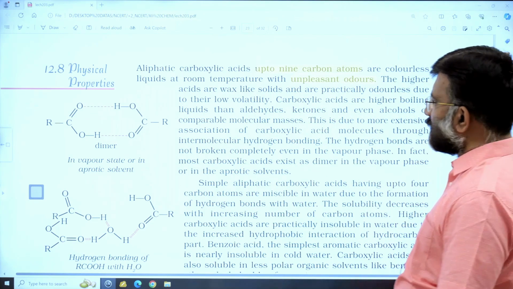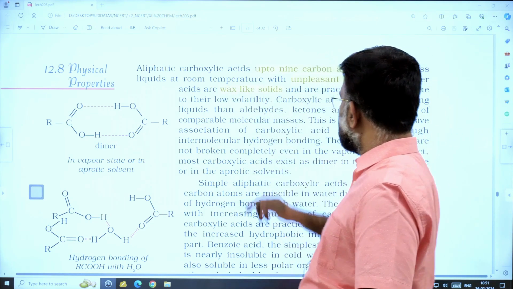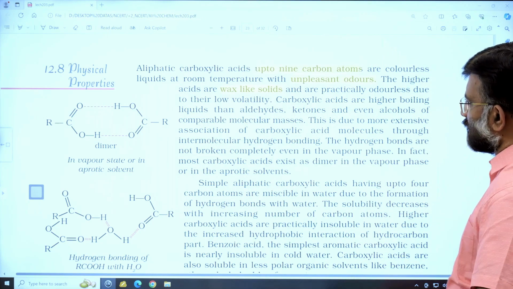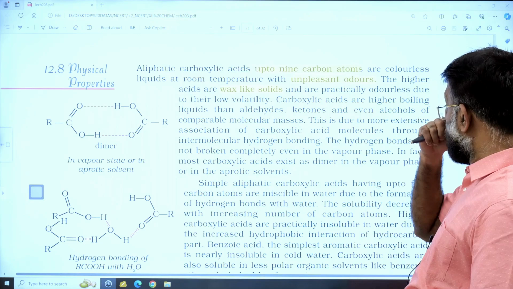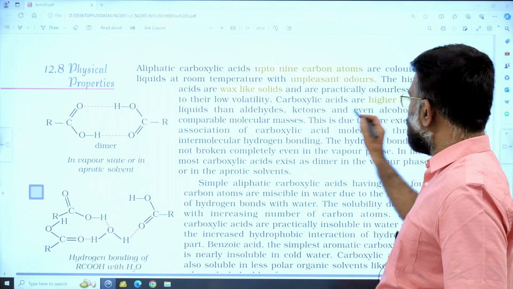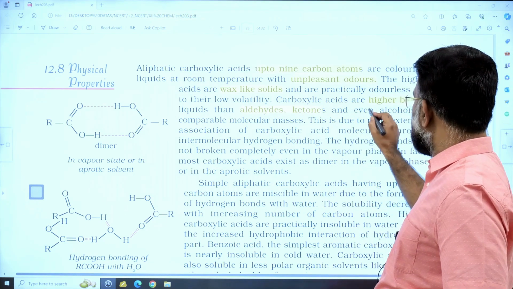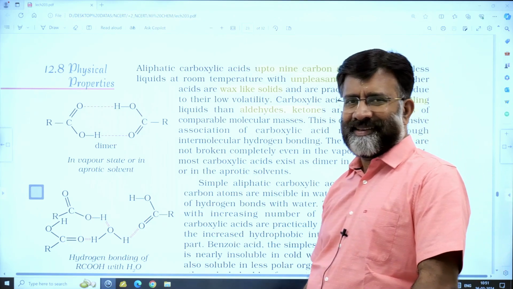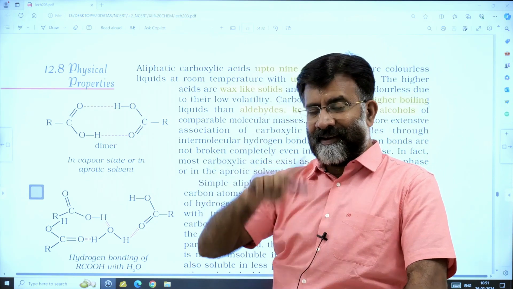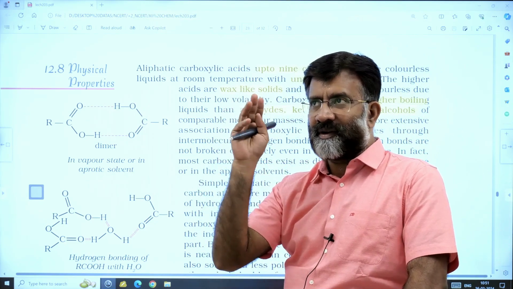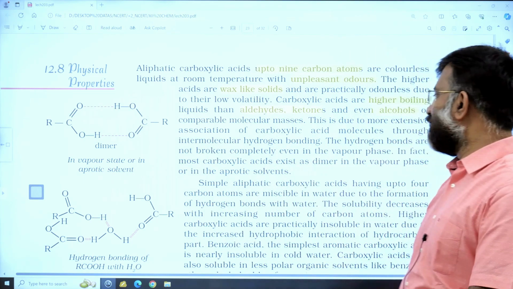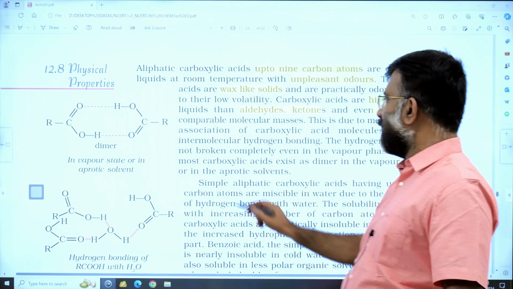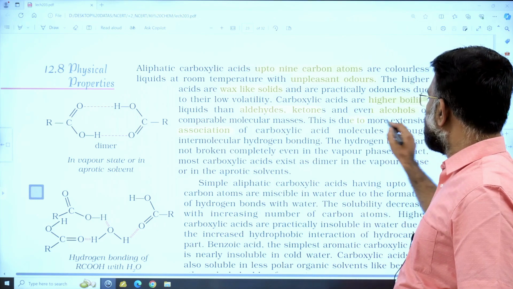The higher acids are wax-like solids and are practically odorless because of low volatility. They are higher boiling than aldehydes and ketones, and even higher than alcohols, because of greater molecular association.